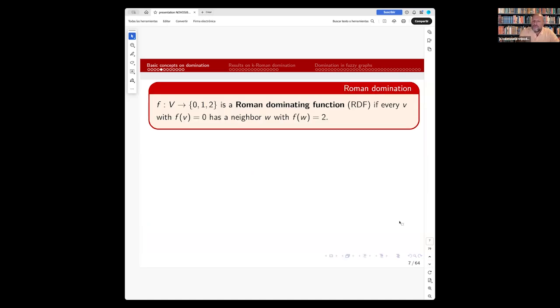The formal definition of a Roman dominating function is, as we said before, a function that assigns labels from the set 0, 1, and 2 to the vertices of the graph, such that any vertex with label 0 must be adjacent to another vertex with label equal to 2.